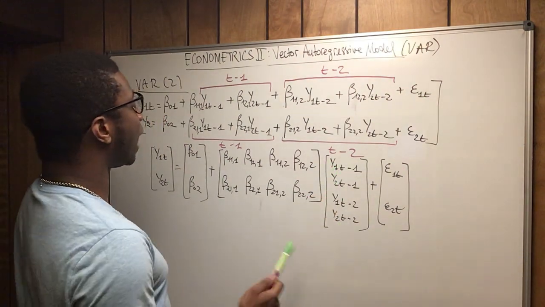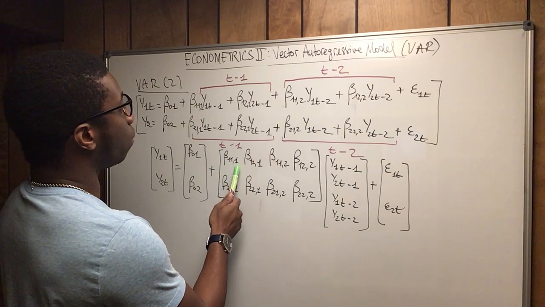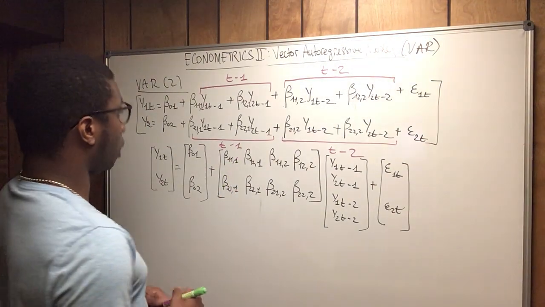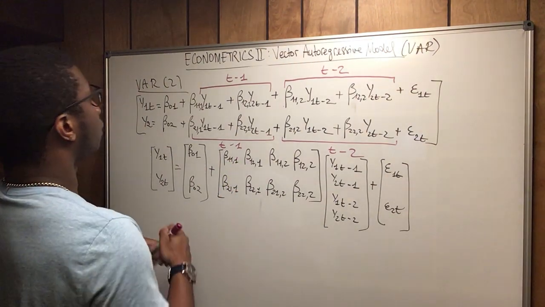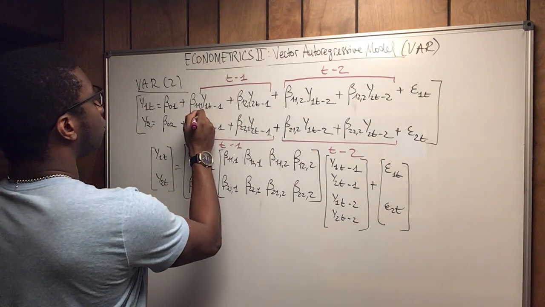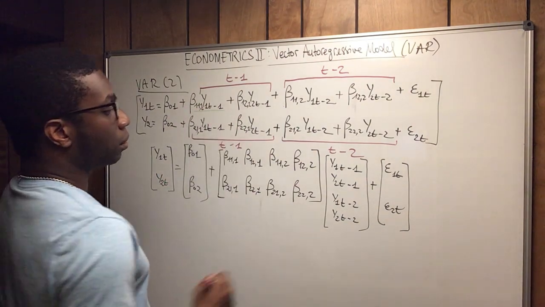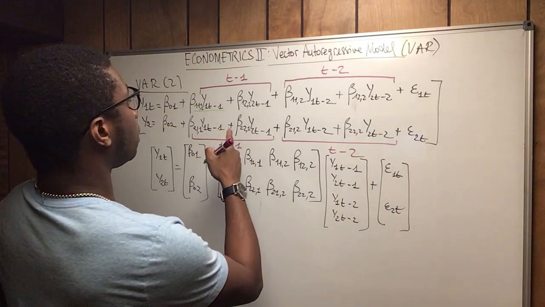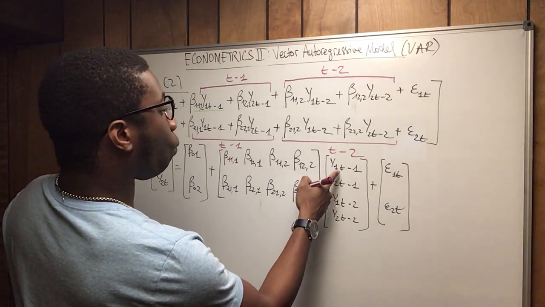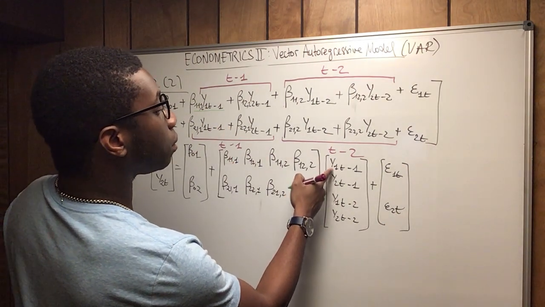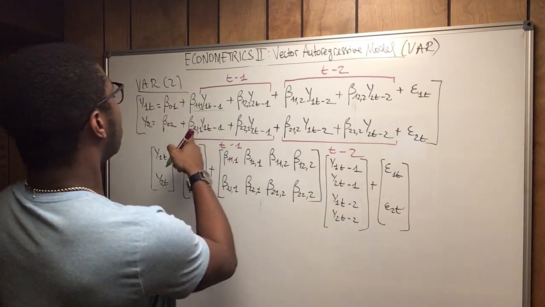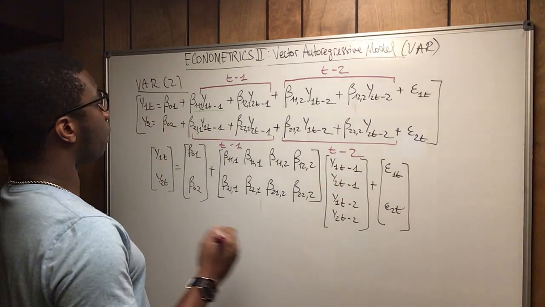y1t minus 1 times beta 11 comma 1. That's what we have here. Then y1t minus 1 times beta 21 comma 1.